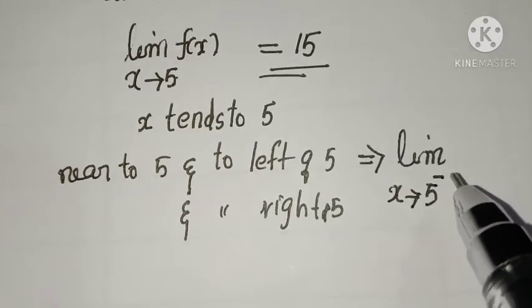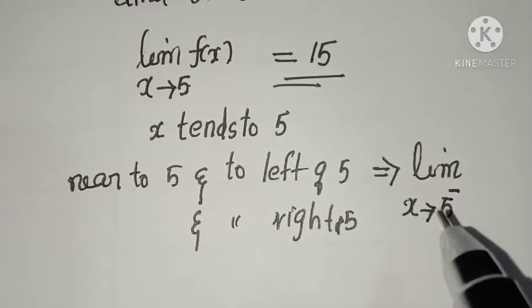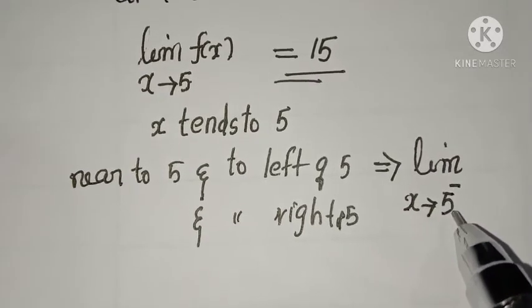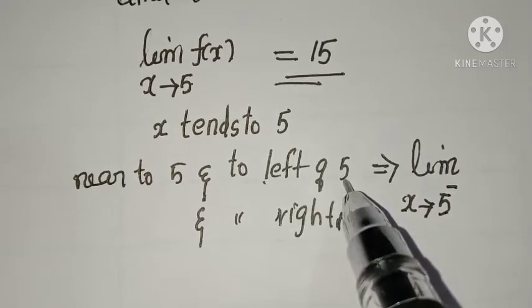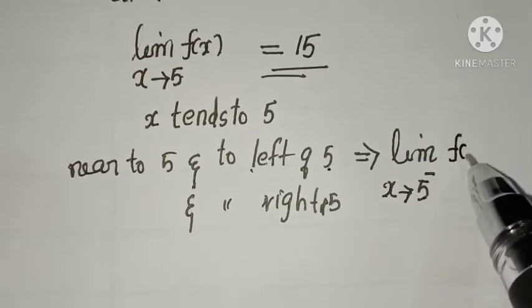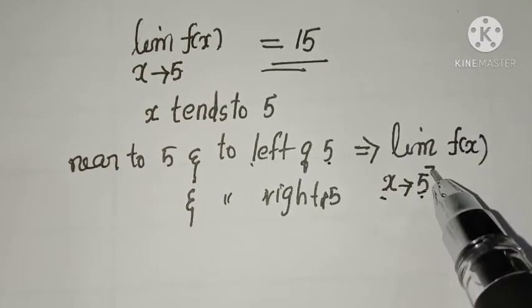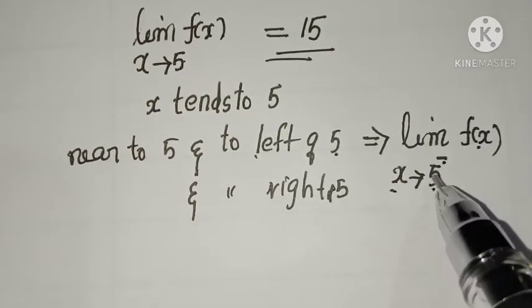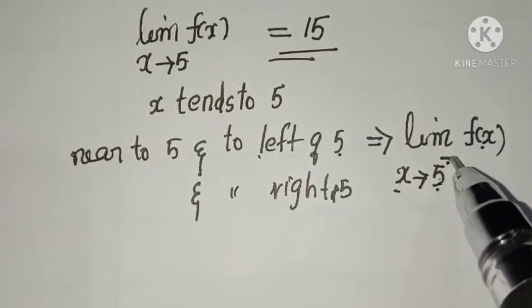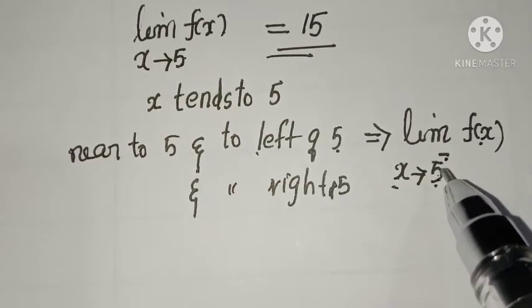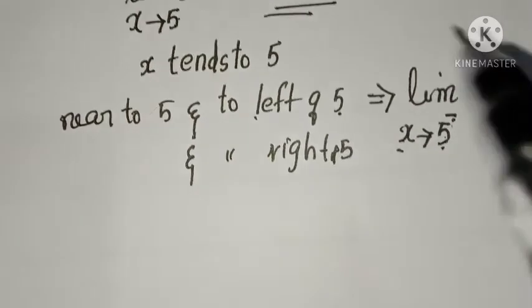So this 5 minus indicates the values of x near to 5 and to the left of 5. Okay. Limit x tends to 5 minus f of x. Listen, it is not negative 5. 5 minus denotes to the left of 5 or less than 5.